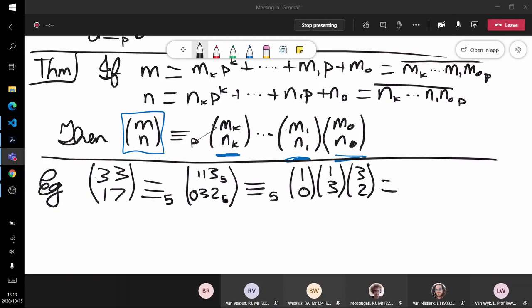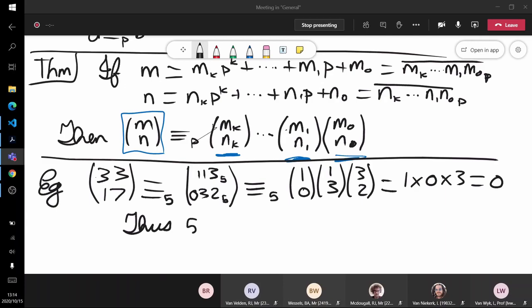Now the 1 choose 0 is just equal to 1. 1 choose 3, because 3 is bigger than 1, is equal to 0. And 3 choose 2 is 3, so the product is 0. So this 33 choose 17 is 0 modulo 5.